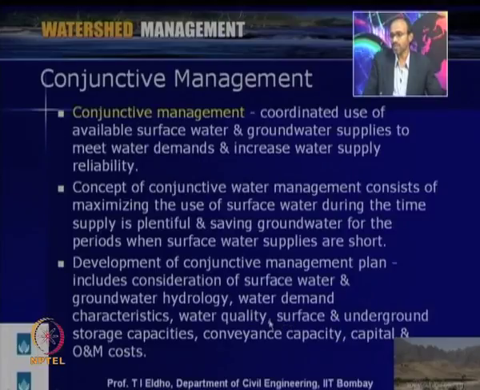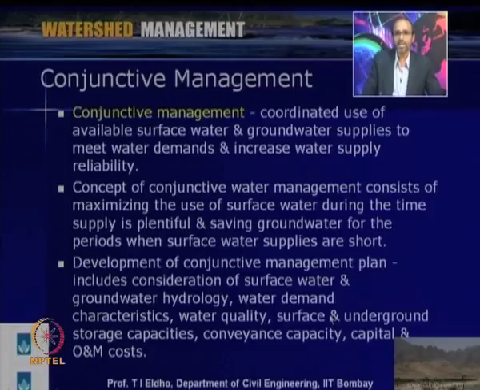Water quality is very important. If polluted water is recharged to the aquifer system, then the aquifer system will be contaminated. So, we have to be very careful in artificial recharge, and then we have to see surface and underground storage capacities. Then conveyance capacity, as far as the river or channel or canal system is concerned, we have to see.